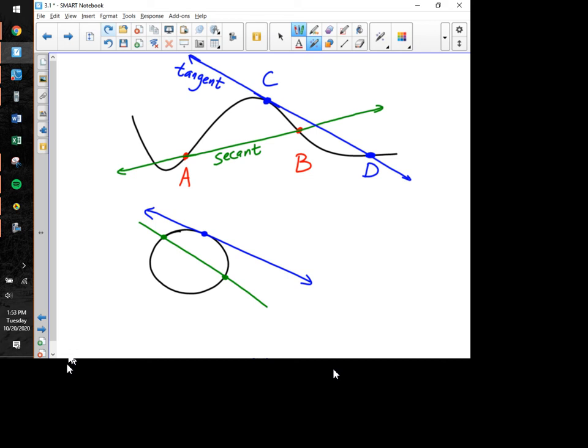We just need to understand that the blue line is tangent to this curve at point C, not at point D. So in the way that we've drawn it, that blue line is a tangent at point C. It's also a secant using points C and D. So it really is just a question of how you choose to define it. But there will be some curves out there, we'll see one later in this section, where there is no point D. That never quite happens.